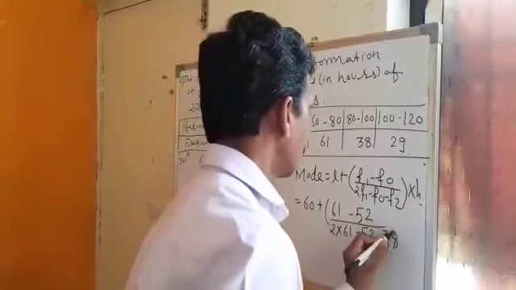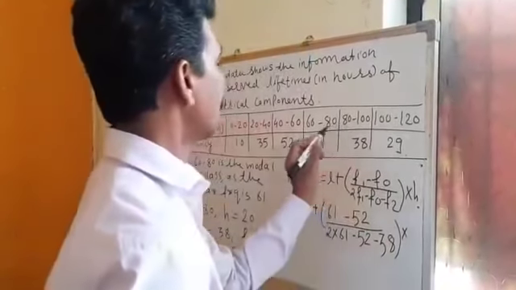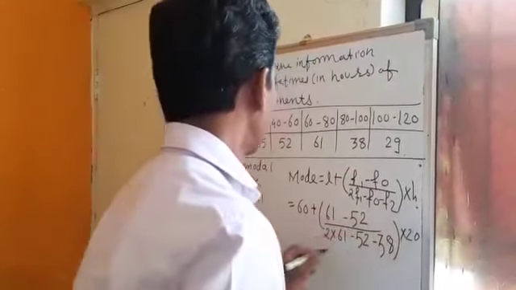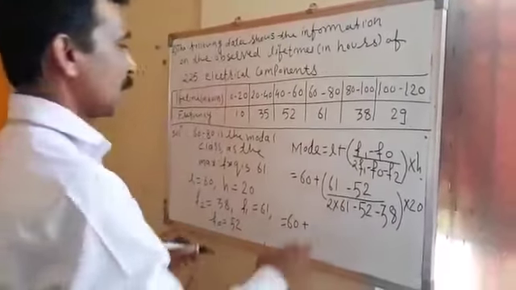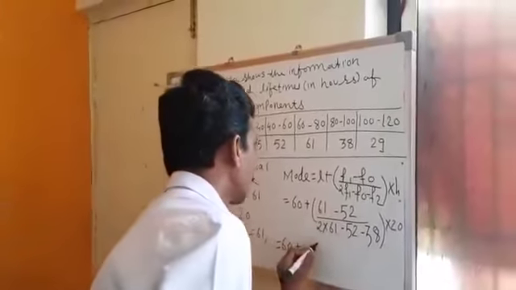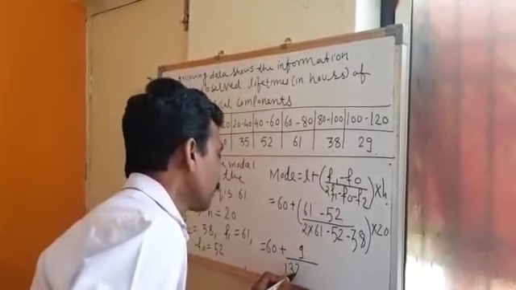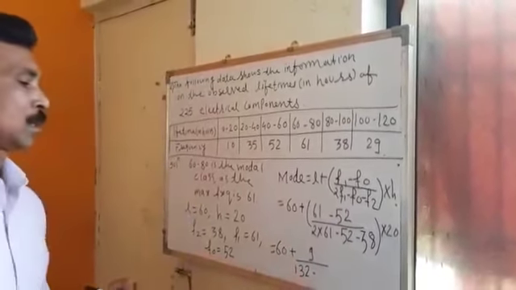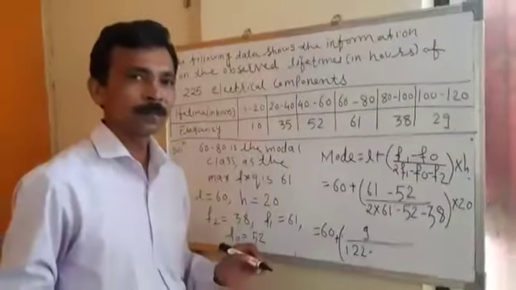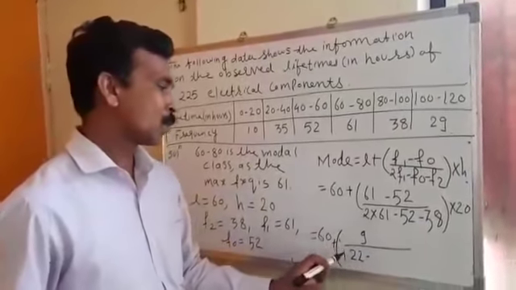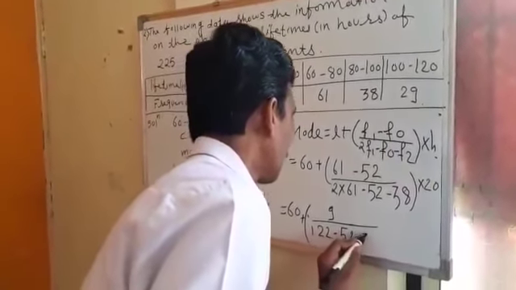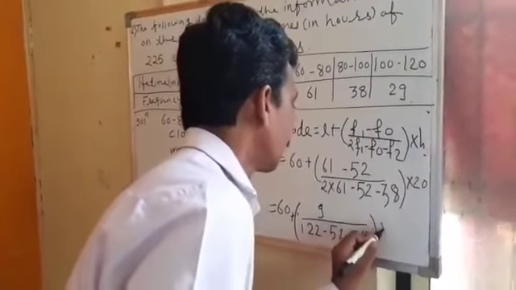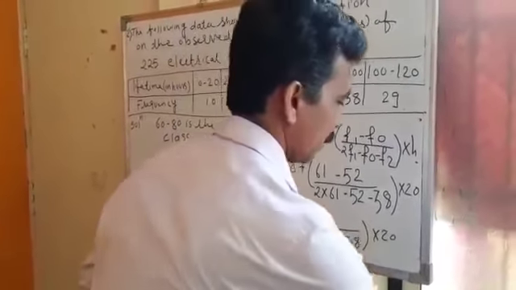38 into height, which is 20, is equal to 60 plus 61 minus 52, which is 9, upon 61 into 2 is 122 minus 52 minus 38, into 20.